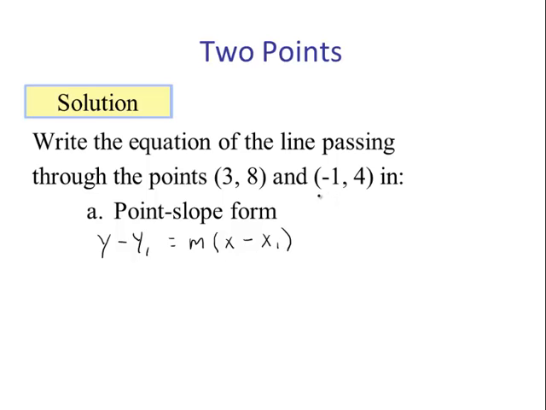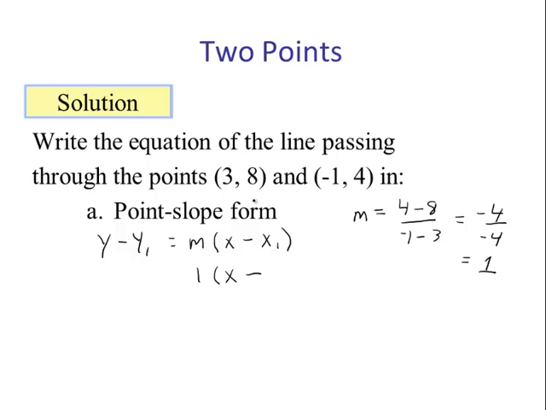So the next thing that we have to do is determine the slope between these 2 points. So this is going to be the difference of the y's, 4 minus 8 over negative 1 minus 3. 4 minus 8 is negative 4. Negative 1 minus 3 is negative 4. So our slope is simply 1.